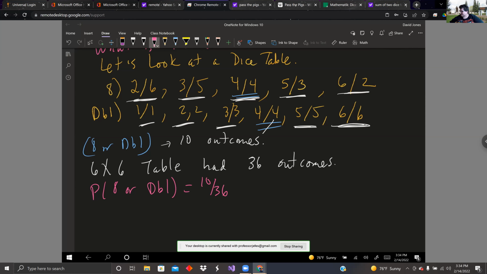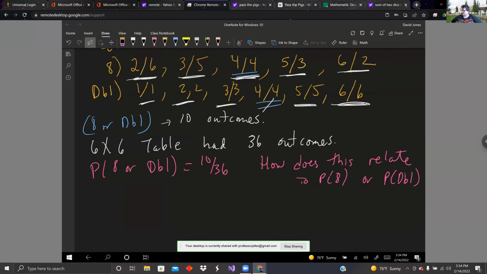How does this relate to doing them individually? The probability of 8 or the probability of doubles? Well, I could do the probability of 8.